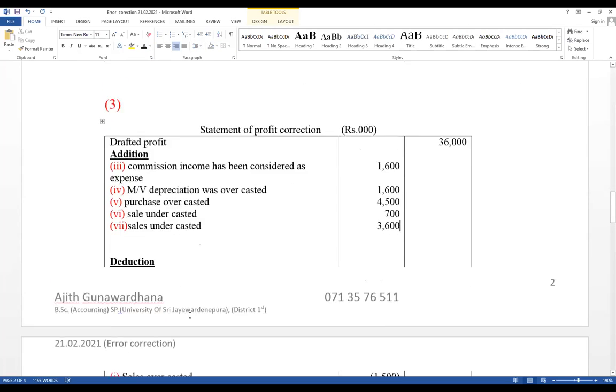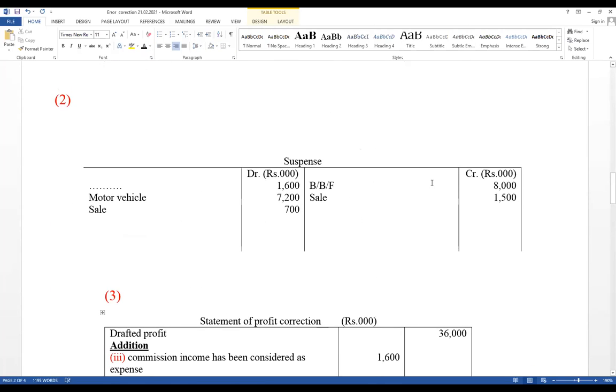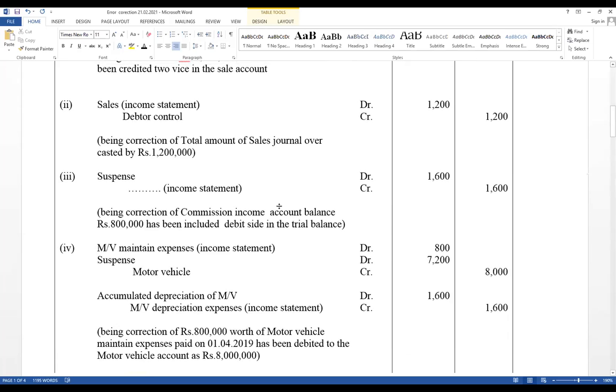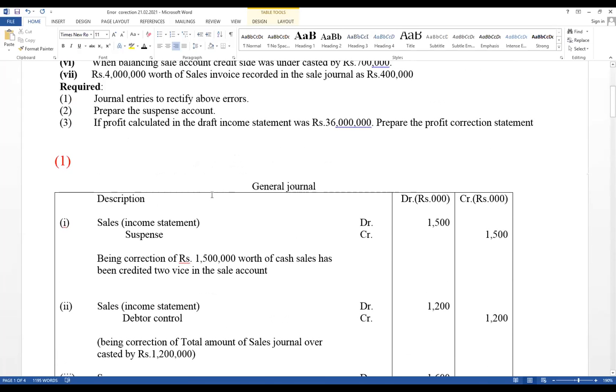Think about profit correction statement as well as suspense accounts. If it is correct, suspense account both sides should be equal. Debit side total amount should be equal to credit side total amount. And this is a double entry for correction of errors. Think what, error correction should be recorded in the general journal. There are 3 requirements.